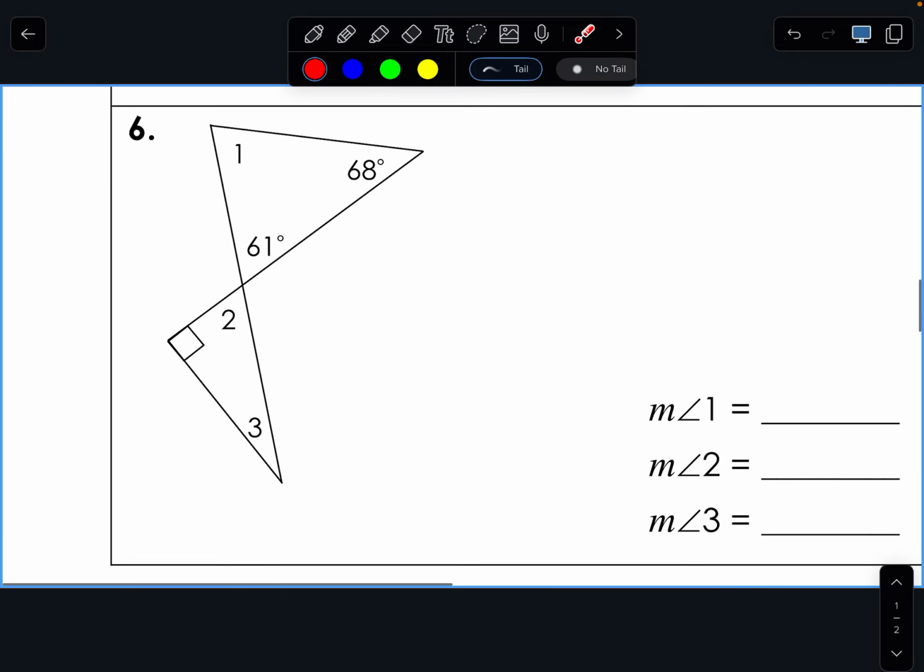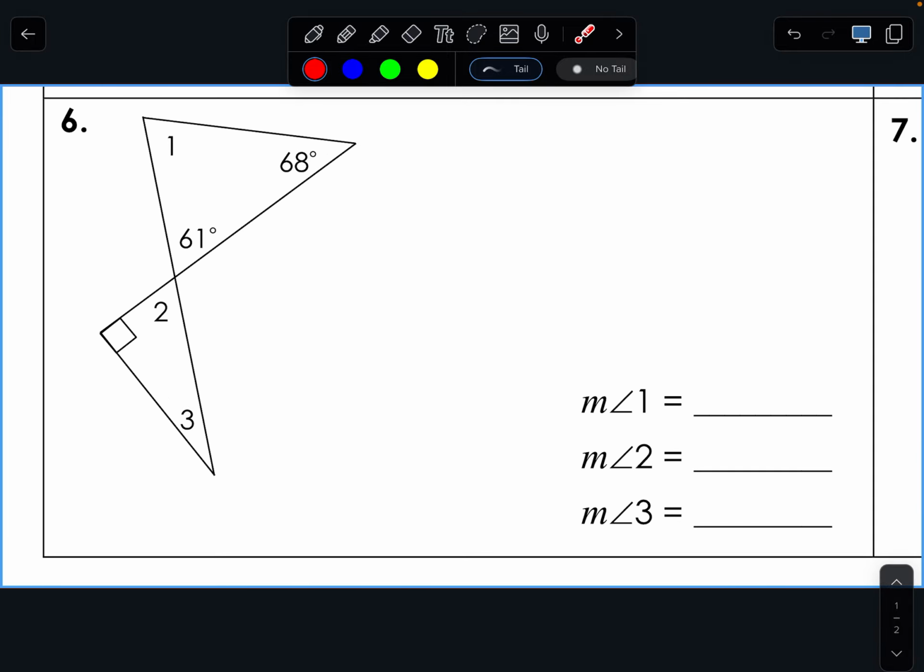Okay, let's look at number 6. What do you know about that triangle? Tell me anything that you see. Jacob, tell me something you see. 90-degree angle. So I know that this is 90. I always put that there because sometimes I forget, and it just reminds me.